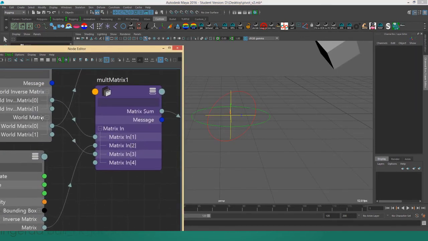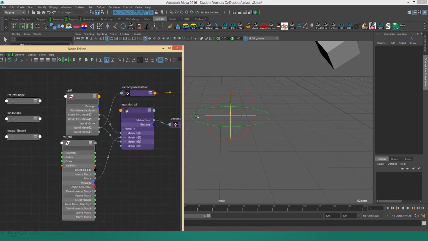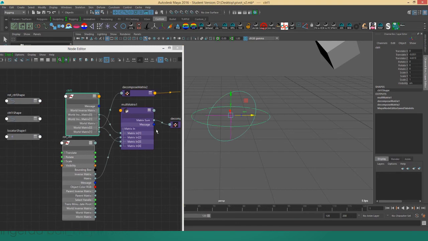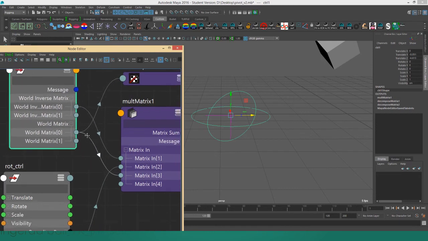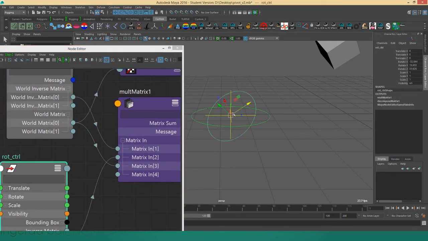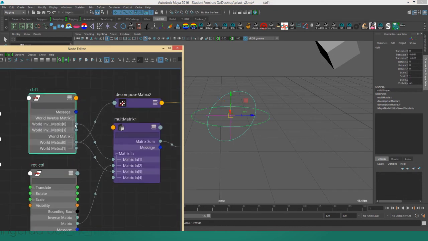And then after that, we are canceling out the world matrix of this green control right here. So we have an object in the world space of this control. We apply whatever transformations are coming from this red control, and then we apply the opposite transformations of this control after that.